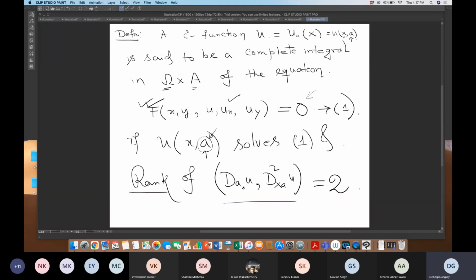For any a, this will satisfy these equations, whatever a you take in an open set A. Somehow the idea is that you would like to consider the whole family of solutions without knowing the initial conditions. Clear? Is that clear?